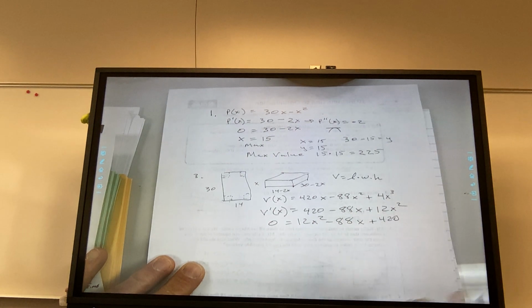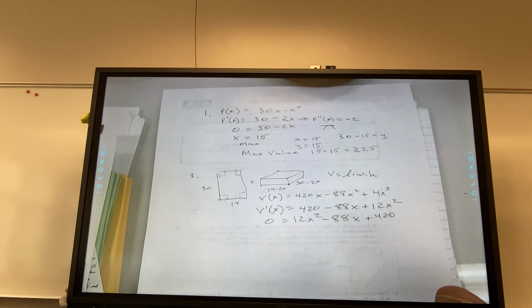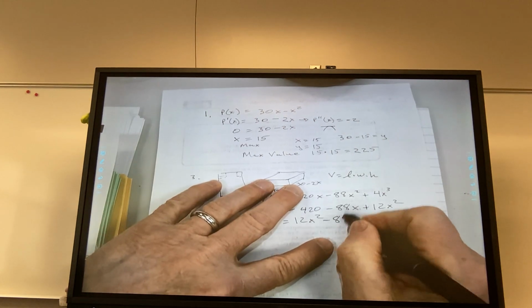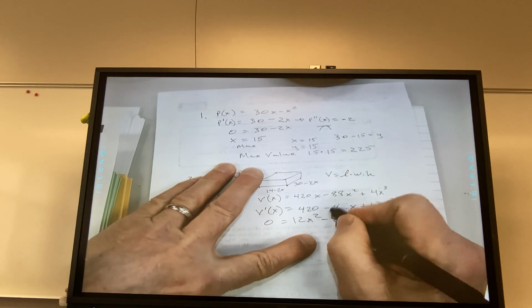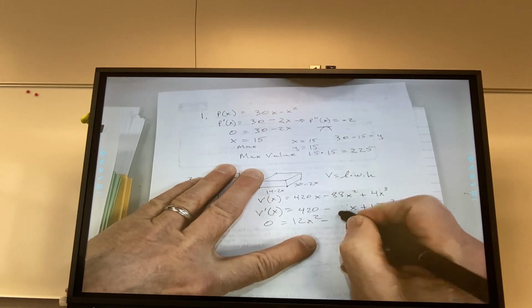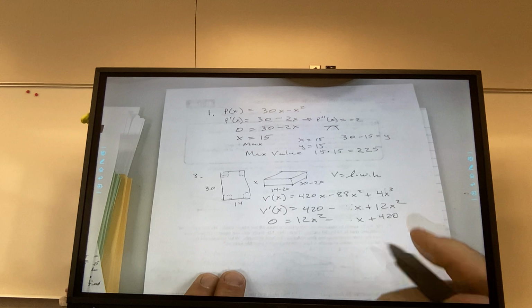But wait, isn't that a two? Second term isn't derived. I did something wrong? Negative 88 times 2. Oh, yeah, 176. Thank you. And that's why I have it in my notes too.